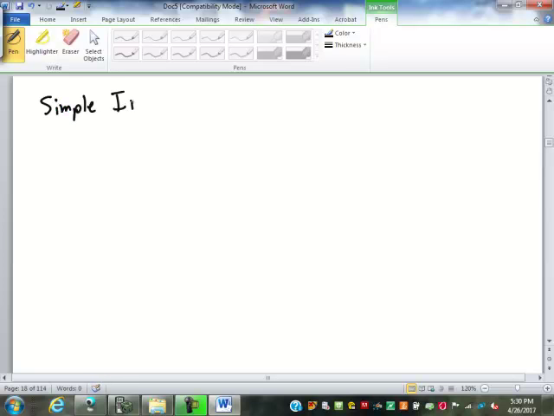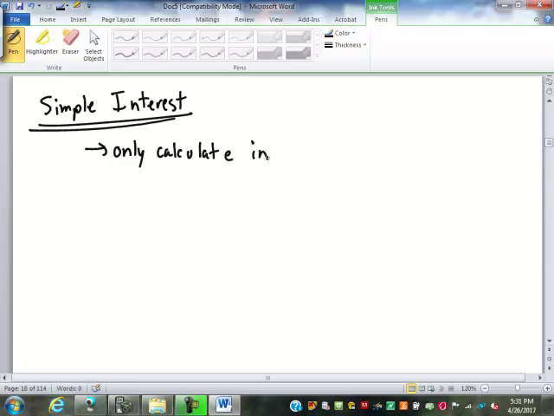with simple interest. And simple interest is just that. It's the simplest way it can happen. Remember, interest is only calculated one, at the end of the note.